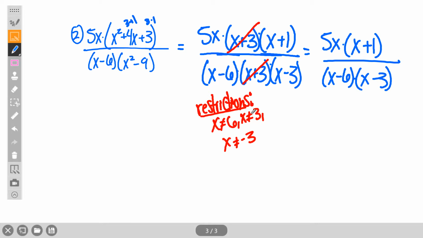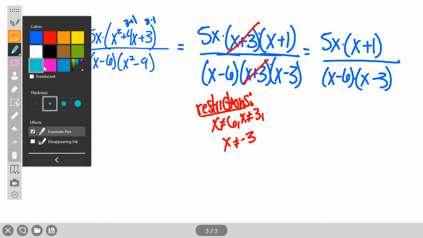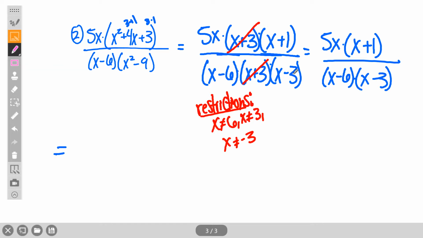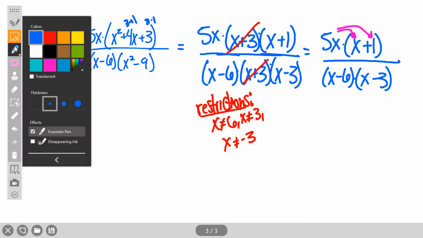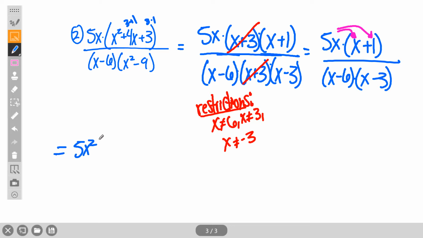Now we multiply it back together. We don't want our final expression to be in factored form. We want it to be in standard form. So we're going to distribute it back together. 5x times x is 5x squared, 5x times 1 is 5x. And the denominator, I need to distribute like this. X times x is x squared.